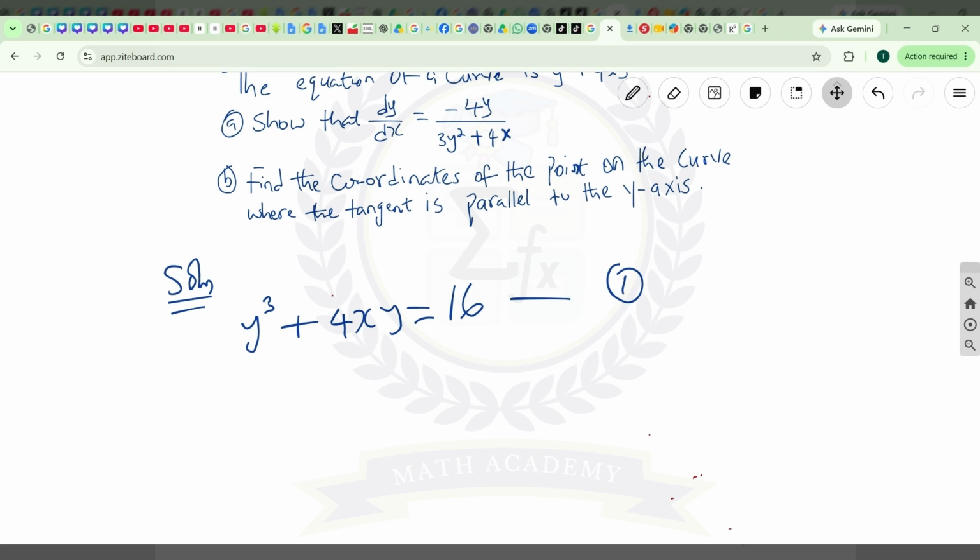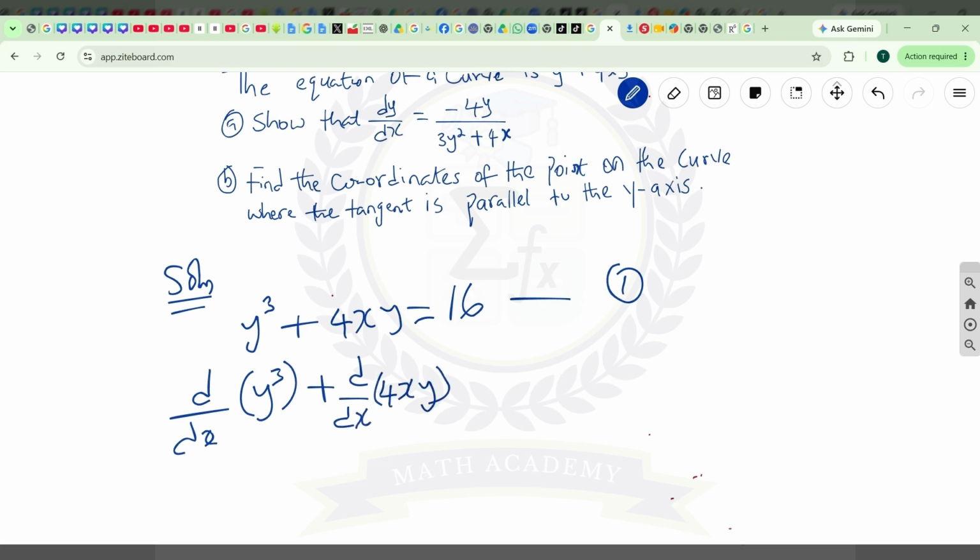It's going to be d over dx of y cubed, plus d over dx of 4xy, and on the right hand side, d over dx of 16. So this is equation 2.